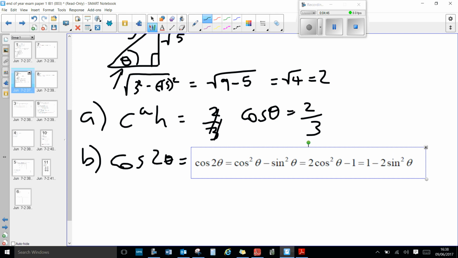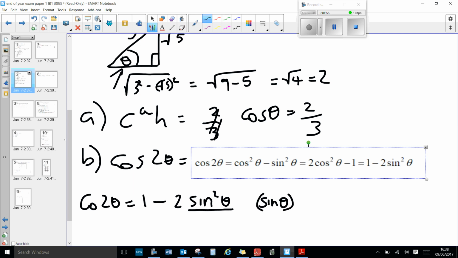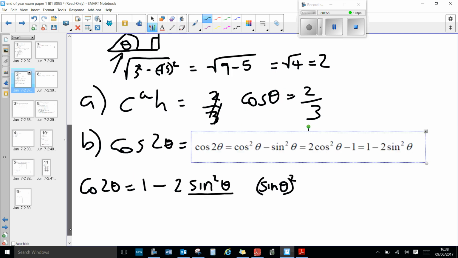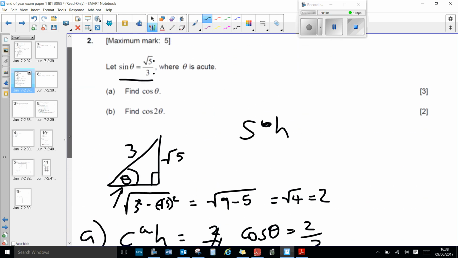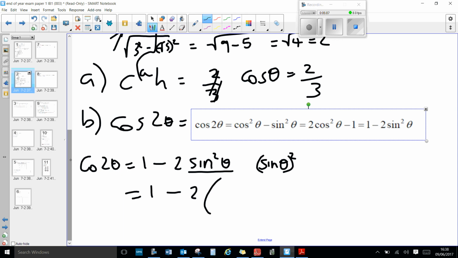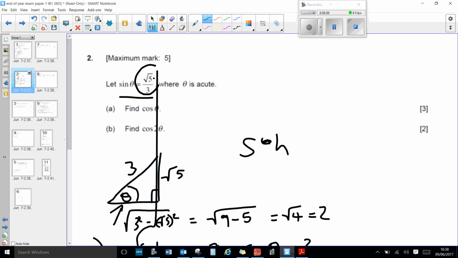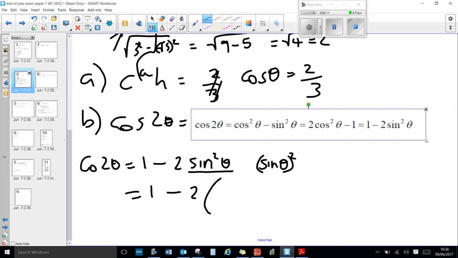So if we know that cos 2 theta is 1 minus 2 sine squared theta, remember this means sine theta squared. So 1 minus two lots of sine theta. They told us the value of that was root 5 over 3. So we're going to have root 5 over 3 squared.